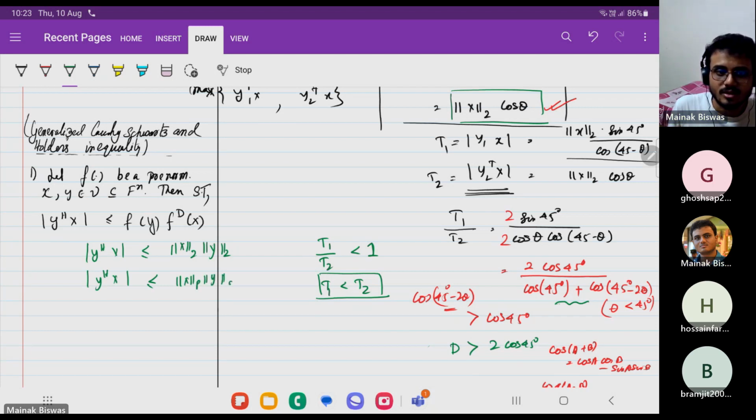So we are going to say that if you have a pre-norm, we can write X and Y in terms of the norm and its dual. So how will you prove that? Any idea?